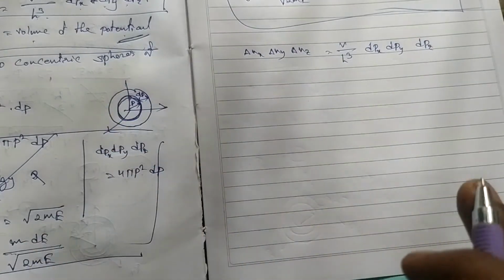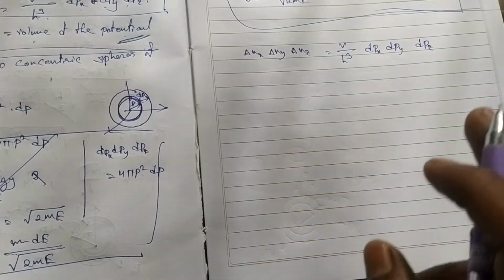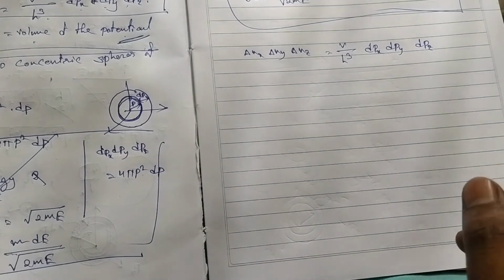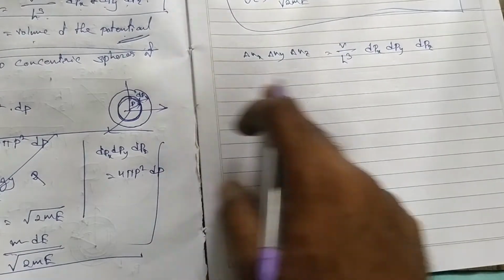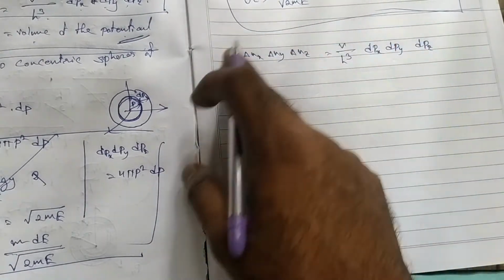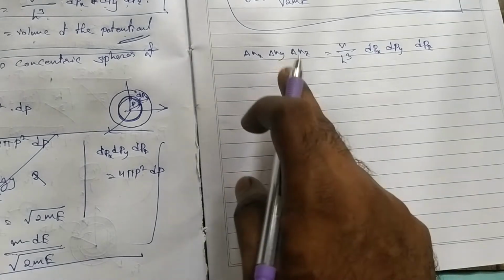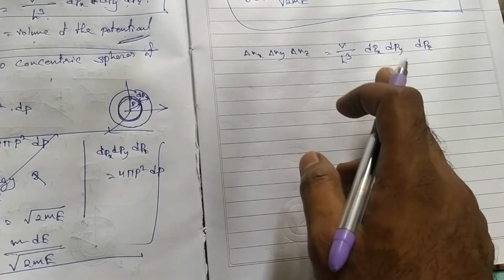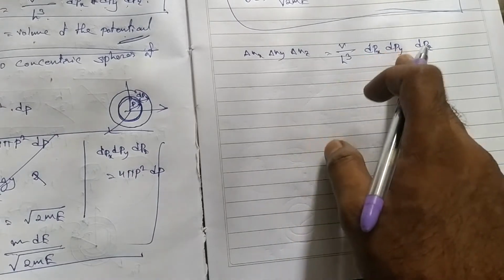This is the number of energy states for the change in volume from p to p plus dp. In this equation we can see that every term is separated by each component, because these terms are responsible for x, y, z.